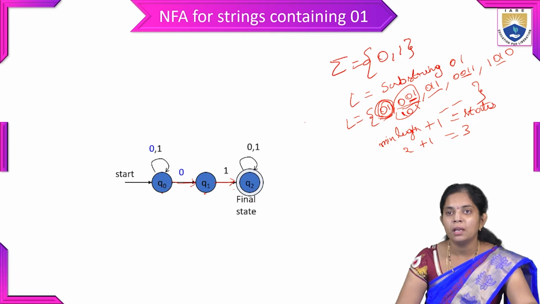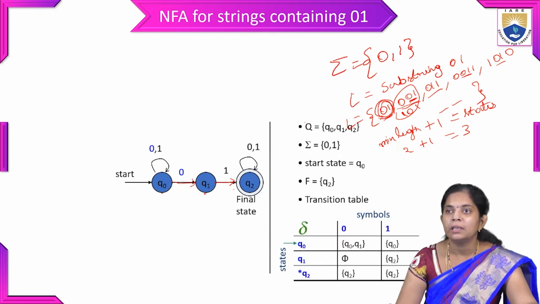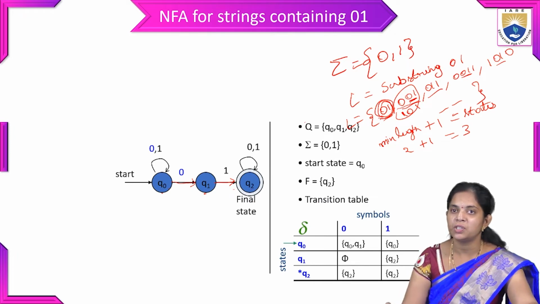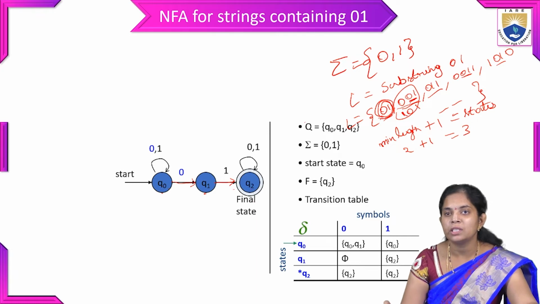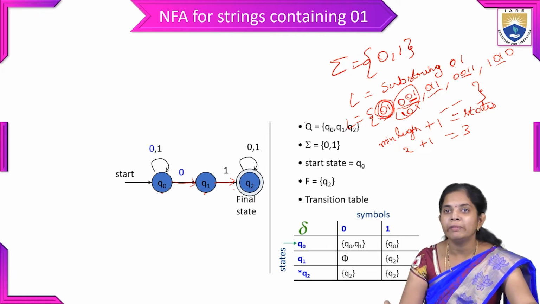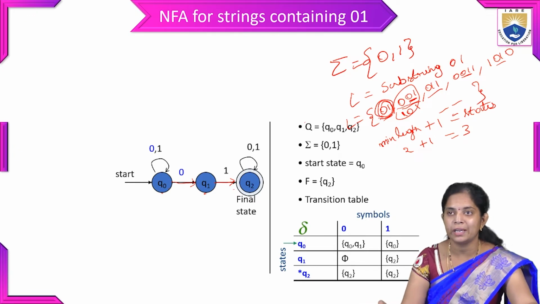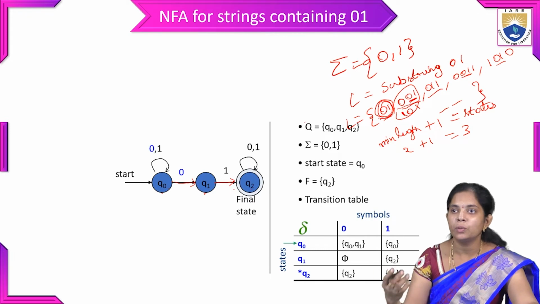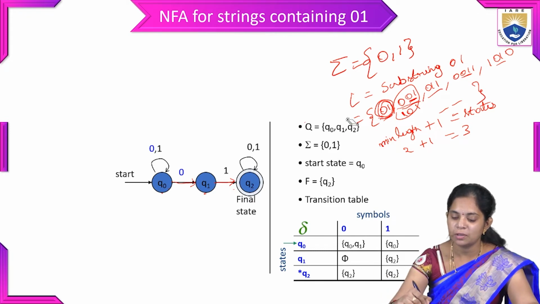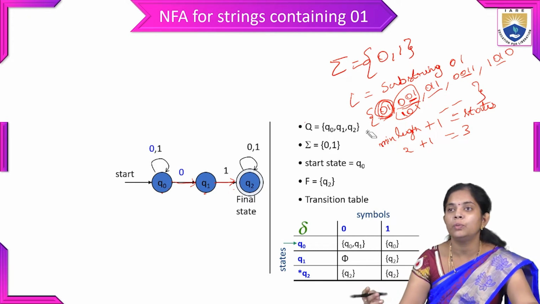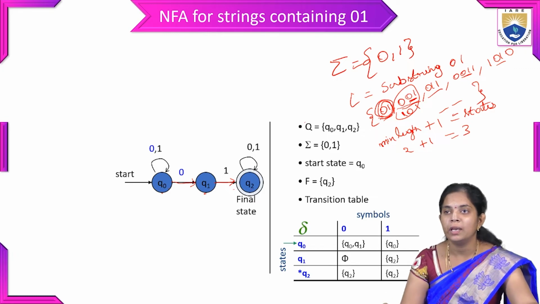What is the next step? We have to elaborate the things. Previously we discussed the 5-tuple notation. In that 5-tuple notation, by using this transition diagram, we write Q as the finite set of states, which is Q naught, Q1 and Q2.